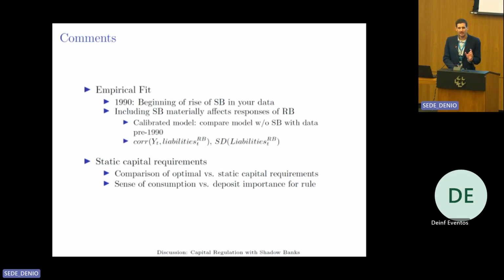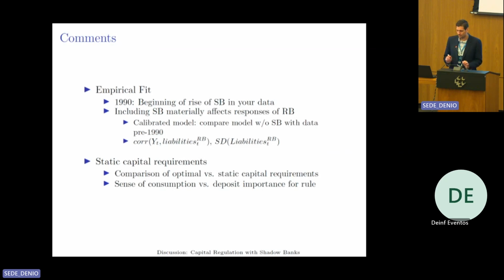Then calculate some of these moments within the regulated banks, whether the correlations between output and liabilities or the volatility of liabilities, and then redo the model. You have some experiments in there. Just shut off the shadow banks and see if these moments match what the world looked like pre-1990. If they do, that's pretty cool.